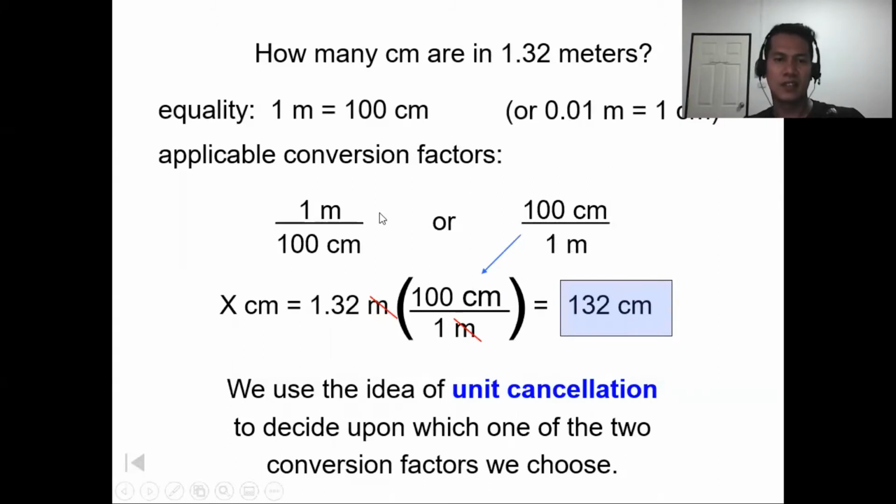You can write it in two ways, as a fraction: 1 meter over 100 cm, or 100 cm over 1 meter. They are actually the same, but we choose the right conversion factor for what we are looking for. Since we are trying to convert into centimeters, we will use this one.